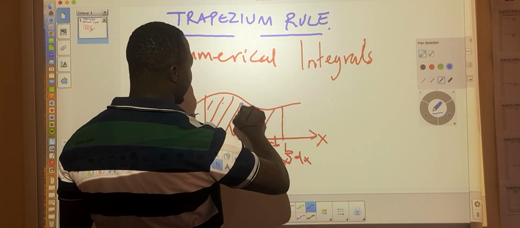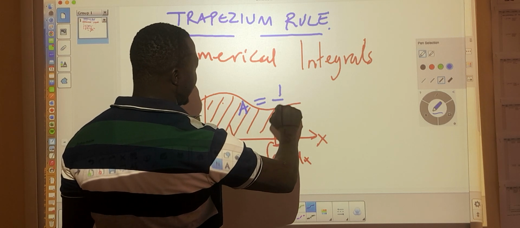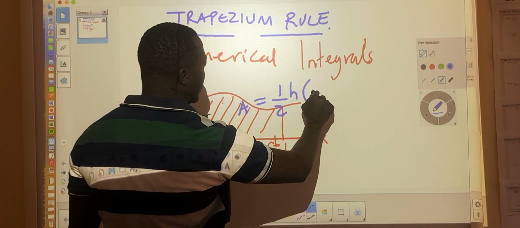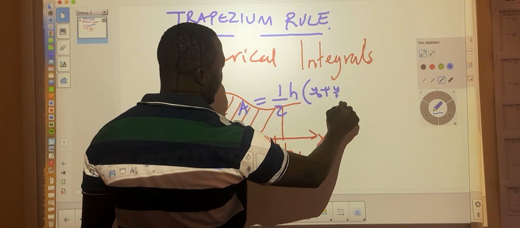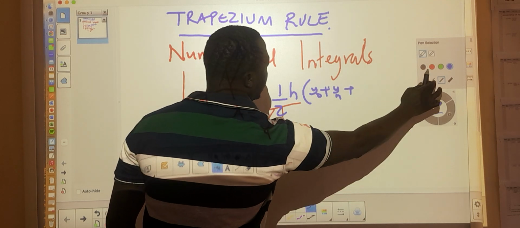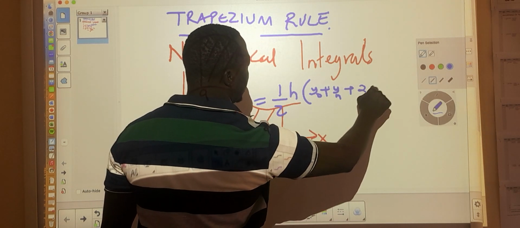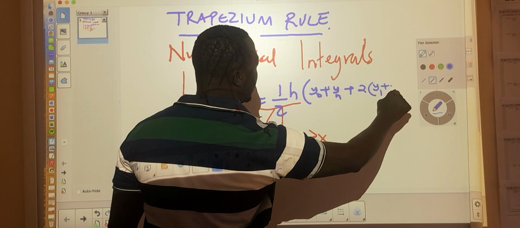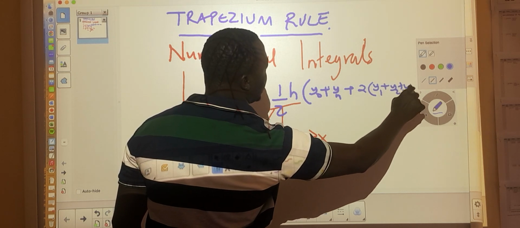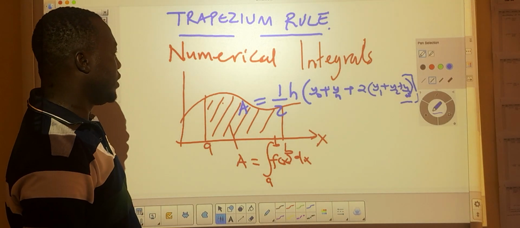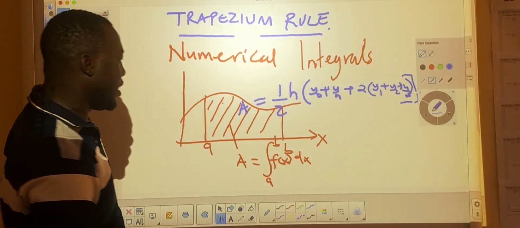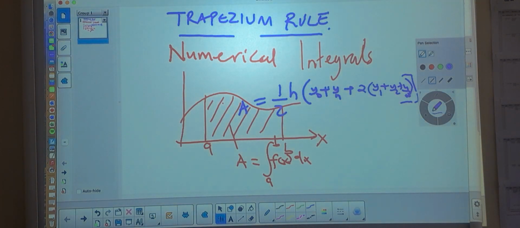The area under this curve is half h into the first value y0 and the last value yn, plus twice the middle values y1 plus y2 plus y3 and so forth. This formula is what we call the trapezium rule formula, and it helps us to estimate or find an approximate value of the area under the curve.